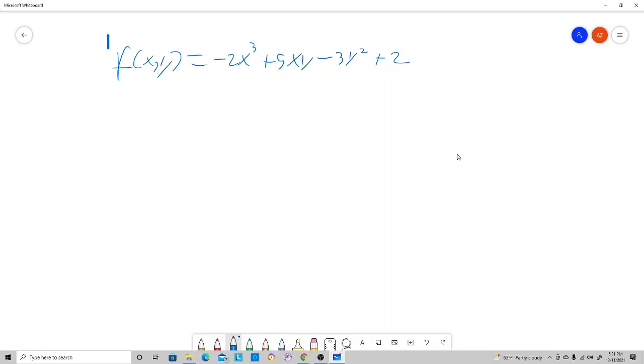Hello. So today I will be going over how to find local minimums, local maximums, and saddle points with the second partial test. The main thing that's going to help us find all of this is called the determinant.